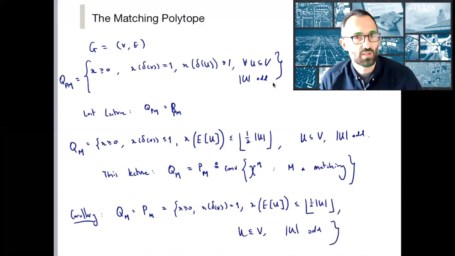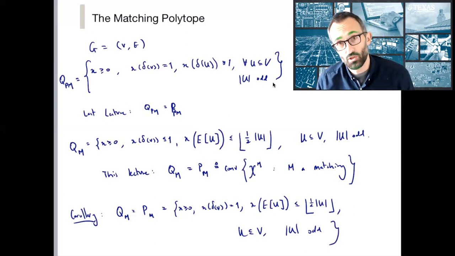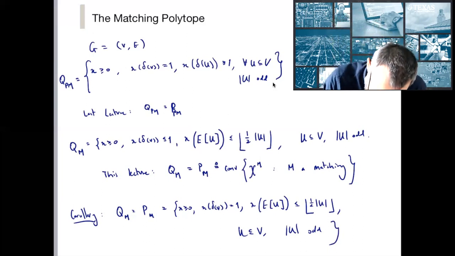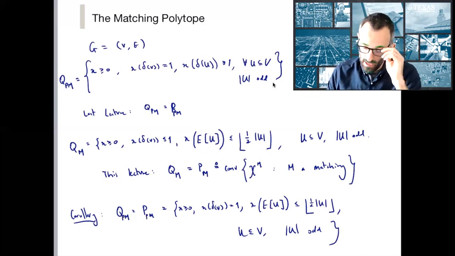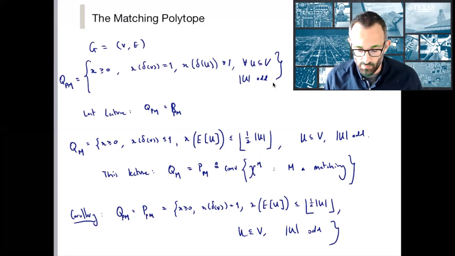So it turns out that the first characterization was convenient for us, but the second characterization of the perfect matching polytope, pardon me, this is PM, and PM is also going to be useful.